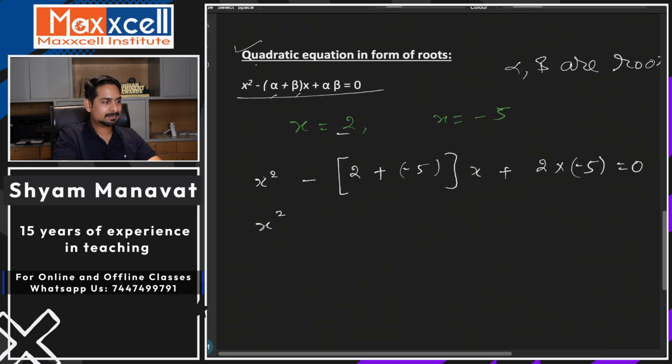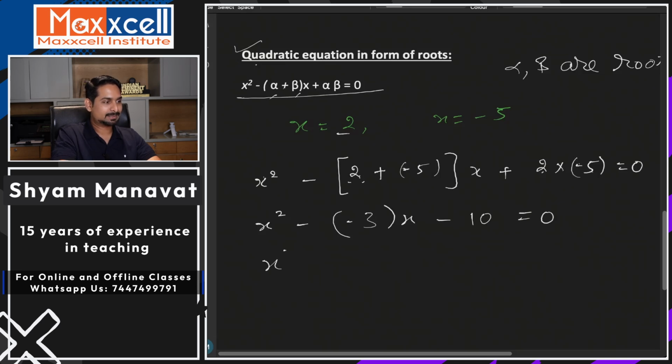Simplify, x square minus, this will get you minus 3, 2 plus minus 5. Different sign, you will subtract and use the sign of the bigger number, minus here. So minus 3. Yeah, I know I'm writing a lot of steps like baby steps, but I have to do it. 2 into 5 is 10 with the negative sign, so minus 10.